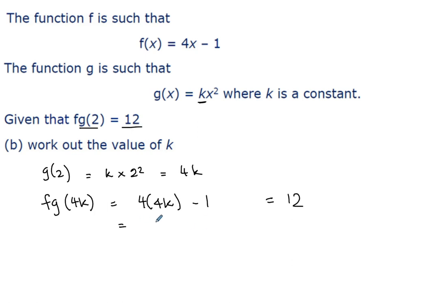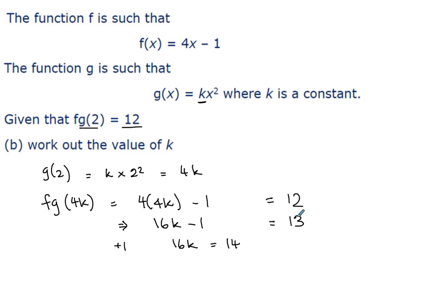Okay, which will give you 16k minus 1 equals 12. We'll add 1, so we've got 16k equals 13.